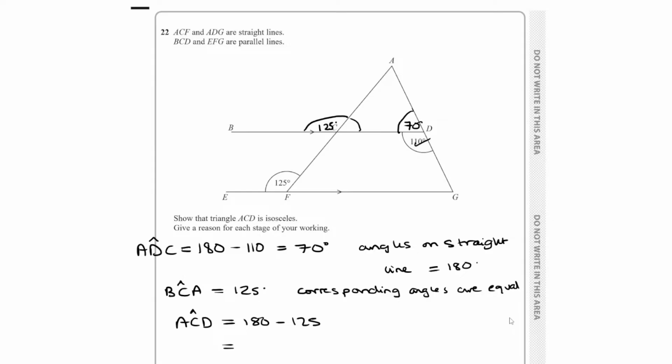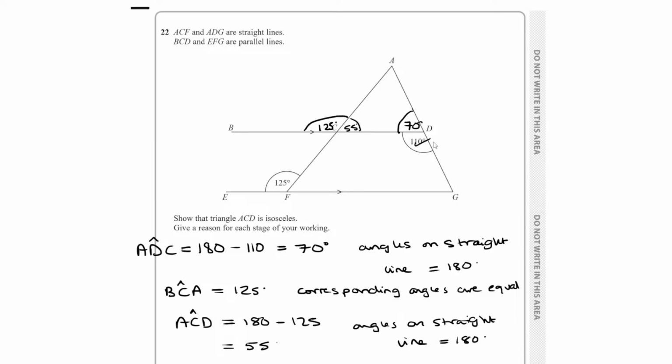So that should give me 55. 55, which you're thinking, well, that's not the same as 70, but that's okay. It could be one of these other ones that's the same. And again, angles on a straight line. I know it's annoying to write the reasons, but you might as well get the extra marks. Obviously, if you calculated it correctly, then you must know the reasons.